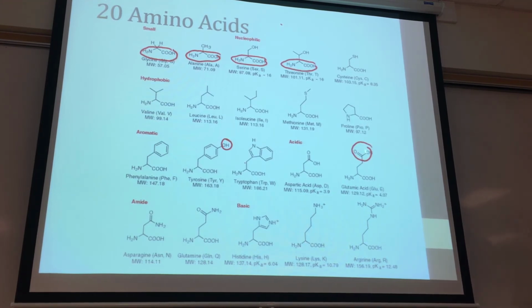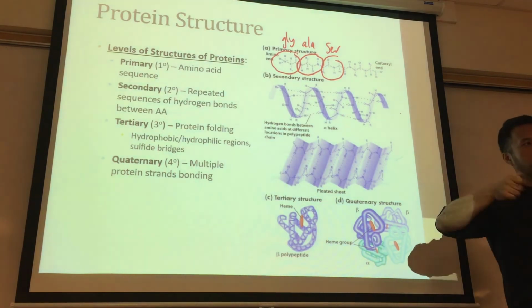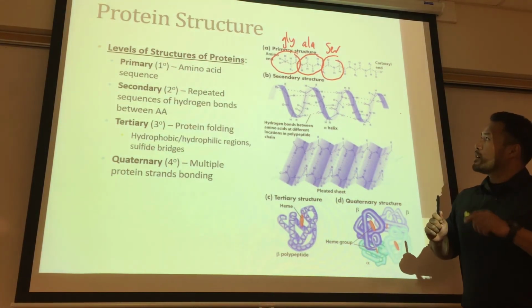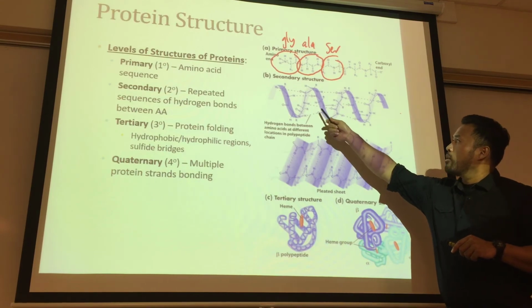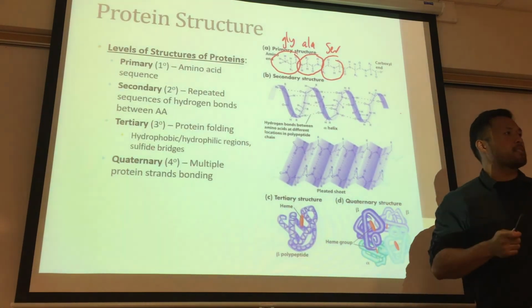Glutamic acid has another electronegative side on there. Some of these amino acids can now stick together due to hydrogen bonding. So in the secondary structure, all along that primary structure, somewhere those functional groups will be attracted by hydrogen bonding because of electronegativity and electropositivity.